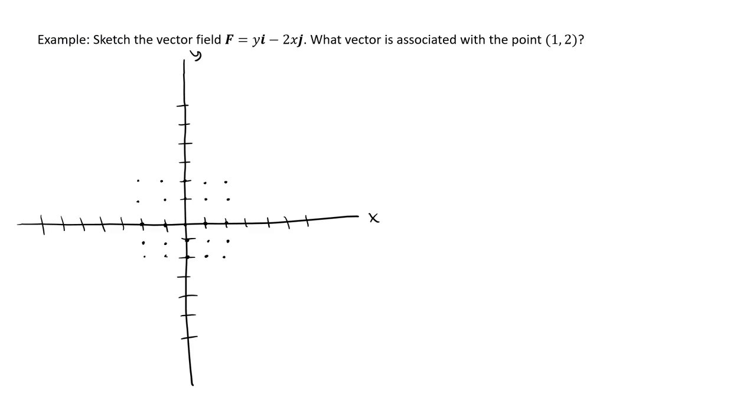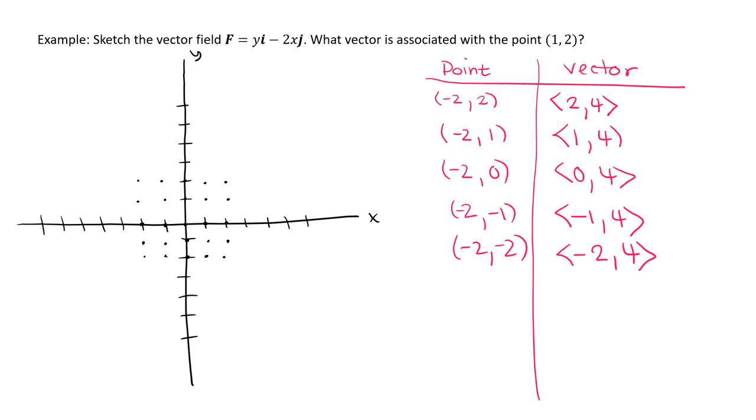And so I'm going to create a graph just by plotting a bunch of vectors. I started by just drawing my two-dimensional coordinate system. And then I'm just going to pick points. That's what I tried to indicate by these little dots. I'm going to pick points, compute the vector at each of these points, and then draw that. So for example, I'll just do this row of points right here.